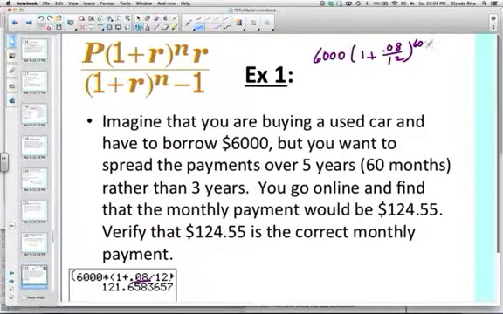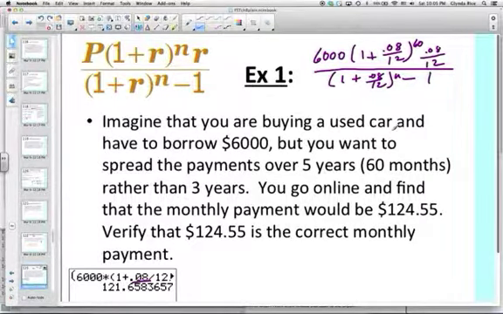There are 60 payments, then times the rate again, which is, in this case we're putting the rate here, so 0.08 times 12, and then 1 plus 0.08 times 12 and minus 1. So I typed this in the calculator. You can't see the complete equation, and I got 121.66 would be your payments.